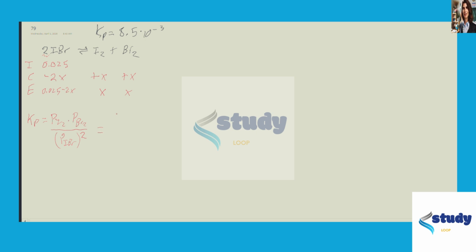We can now plug in what we know. We have two x's in the numerator, so that's x squared, one each for I2 and Br2. And the denominator is 0.025 minus 2x, and that entire quantity is squared.